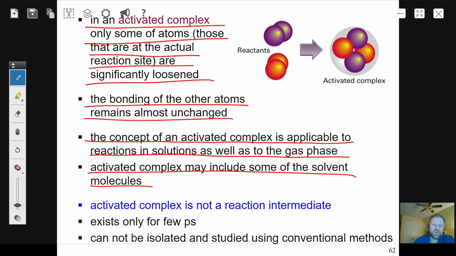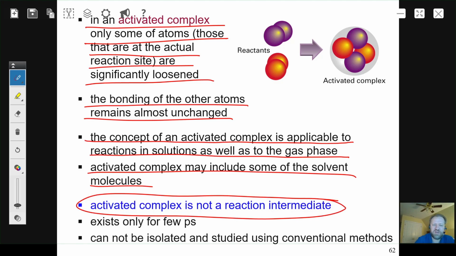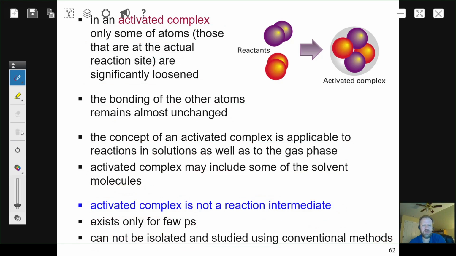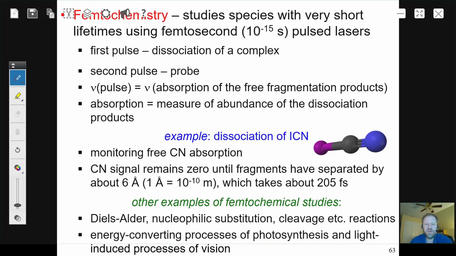Now, keep in mind, however, that an activated complex is not a reaction intermediate. It exists for only a few picoseconds and cannot in general be isolated and studied using conventional methods. And by the way, that's where theoretical calculations come in very handy.